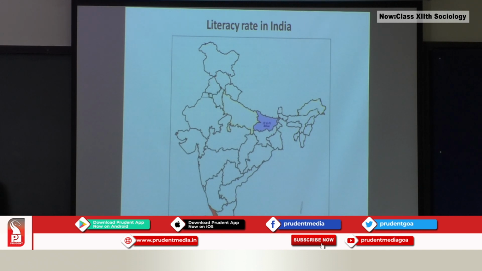Compared to this, Bihar has the lowest literacy rate, just 61%. So Kerala is topping with 94%, and there is a wide difference with Bihar, which has 61% literacy. Among other states, Goa has 88% literacy.